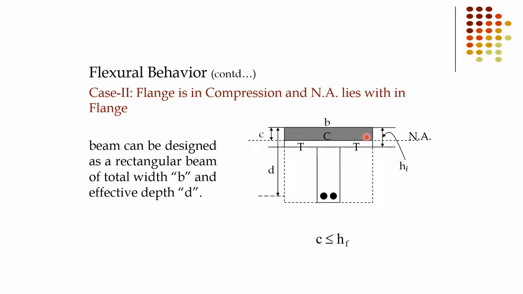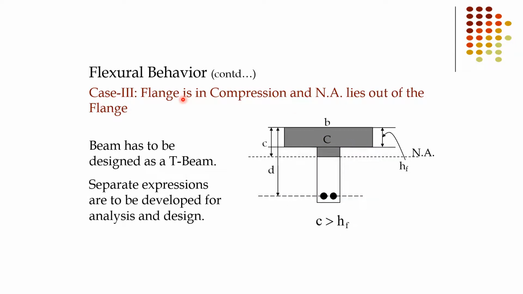Below the neutral axis we ignore the concrete, and we consider only the concrete in compression. So this beam can be designed as a rectangular beam of total width B and effective depth D. These conditions are met when the neutral axis lies within the flange.